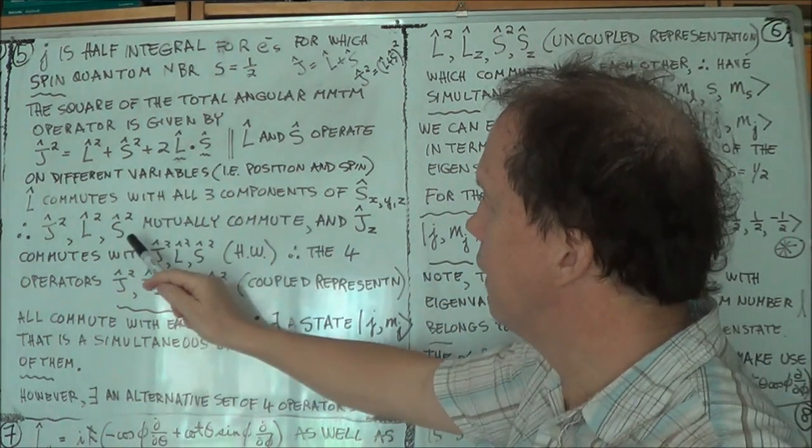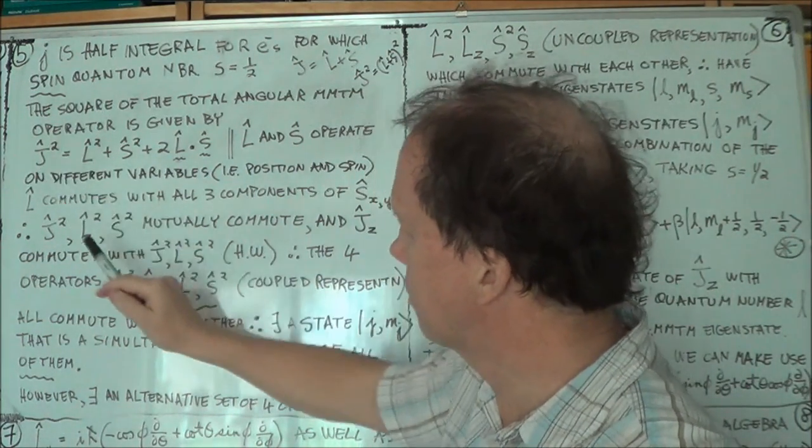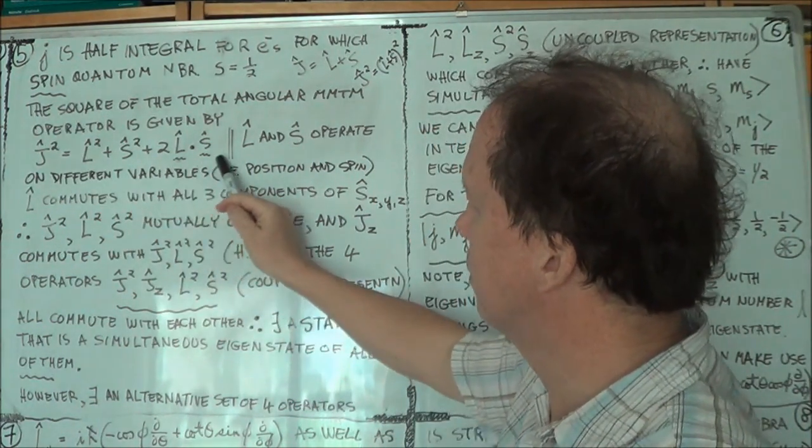S squared, for the same reason, commutes with J squared, because S squared commutes with all this.